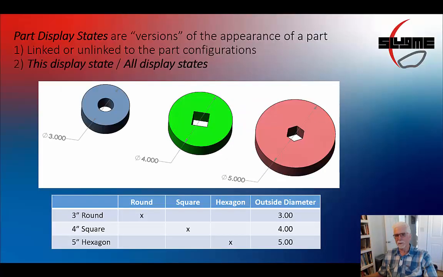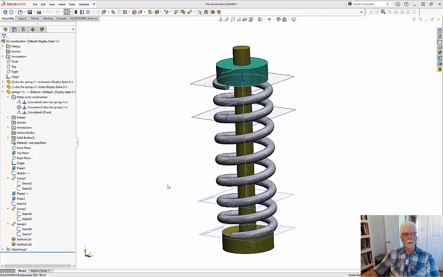All right, so now let's go back to our PowerPoint. Let's walk through the actual construction of the spring. This is an in-context assembly that I've created, and its only purpose in life is to create the in-context relationships that are going to apply to this particular spring.